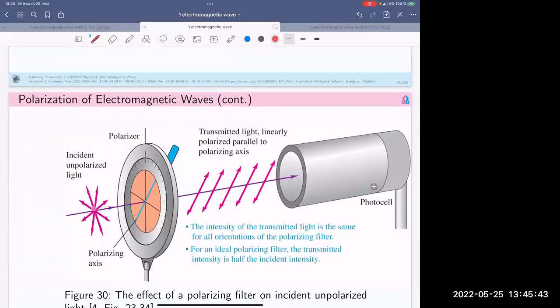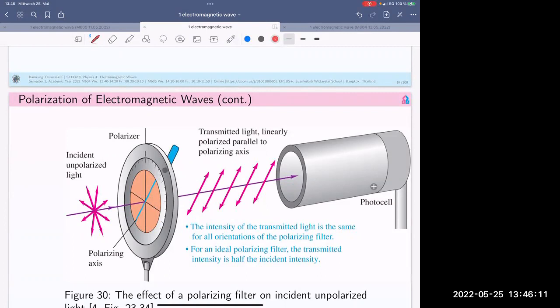Let's talk about this experiment. Once your light has several orientations of the electric field, you place the polarizer with an adjustable polarizing axis. You can adjust the polarizing axis through this knob to just rotate it.